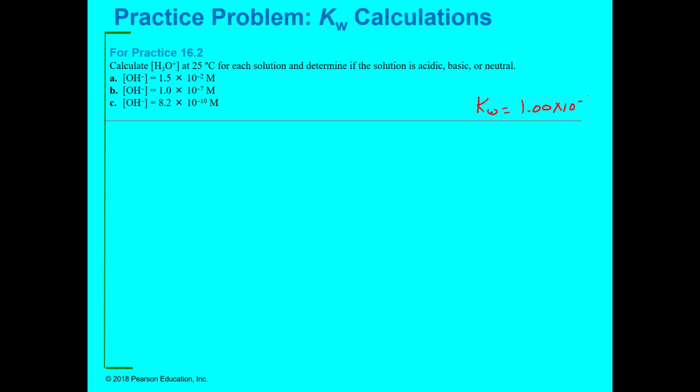Hydronium times hydroxide equals your Kw, and so you do it exactly the same way. You're just dividing by your hydroxide instead of your hydronium ion. So those are your practices, and those work exactly the same as that previous problem. So that's the end of this part, and that shows you how to do your calculations using Kw.